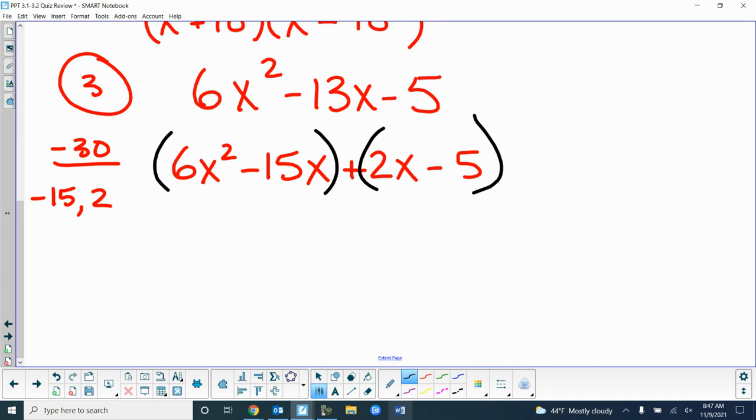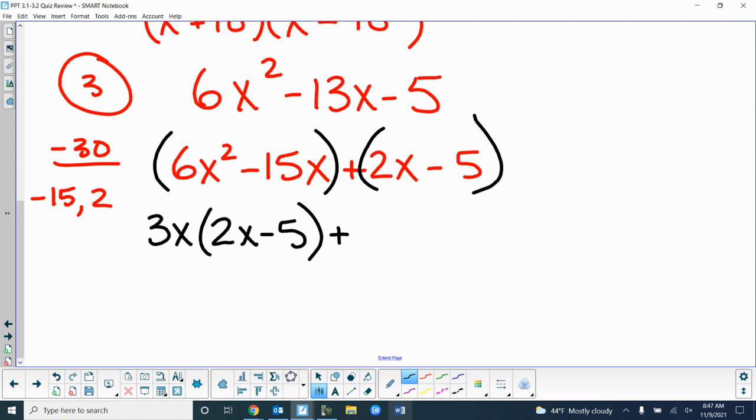What's the GCF of the first group? 3x. 6x squared divided by 3x is 2x. -15x divided by 3x is a -5. What's common to the second group? Nothing, but we can't put nothing. We have to put the number 1, because 1's common to everything.